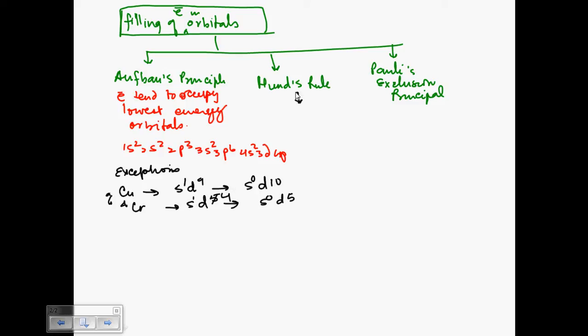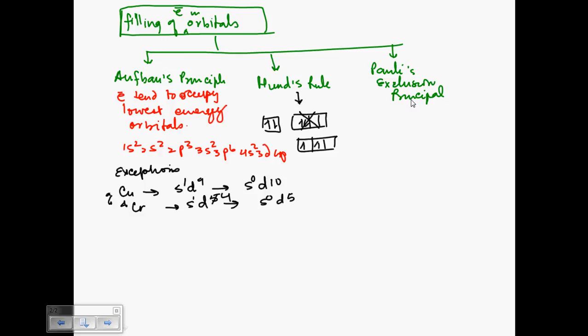Now Hund's rule says that, remember, pairing of electrons in degenerate orbitals does not happen till every orbital has had one electron. This is applicable to filling in the p sublevel. So s will pair because it is the same orbital, but in p these three are degenerate, of the same energy. So if you had to fill 2 electrons in p, you will not fill them in one orbital, but you will give each one 1, and that's Hund's rule.